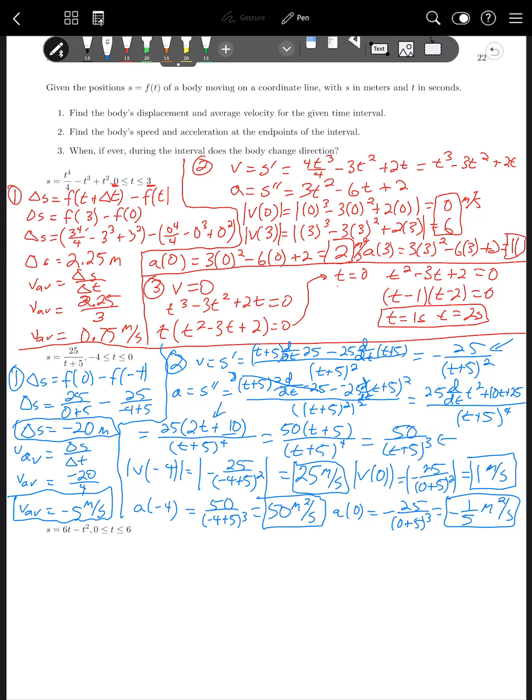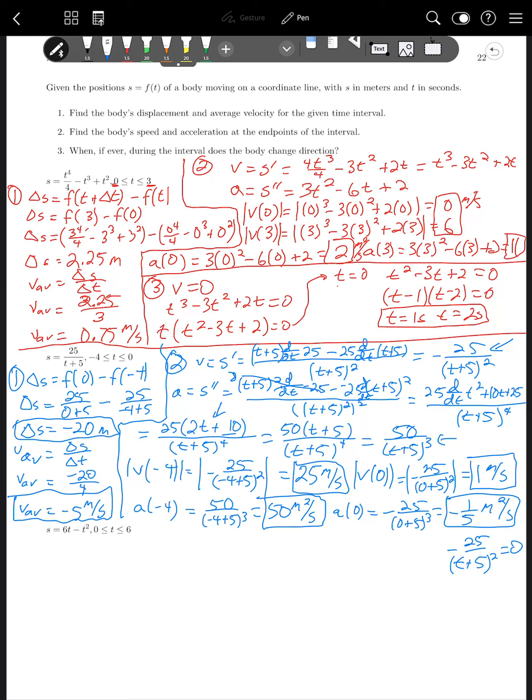And then the last thing it asks us to do is when, if ever, does this interval change directions? Well, once again, to do that, we want to take the velocity and set it equal to 0. So negative 25 over (t plus 2)(t plus 5) squared equals 0.